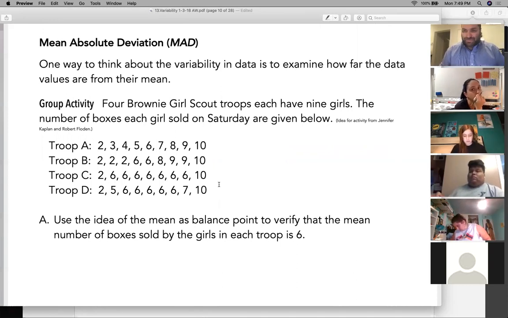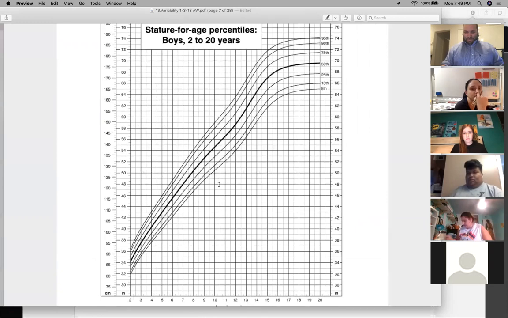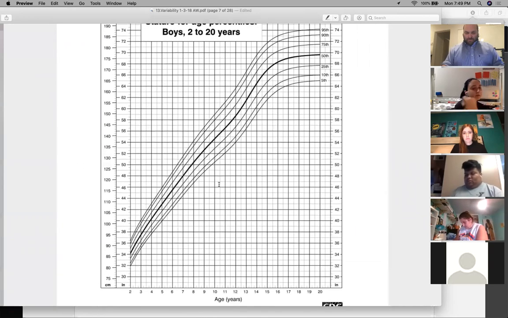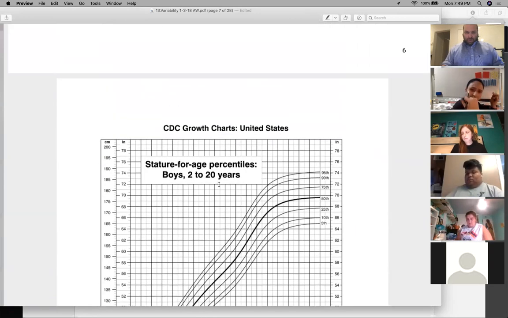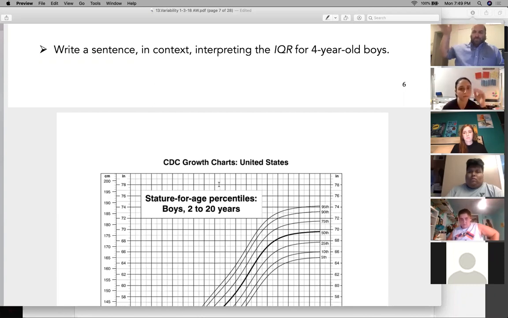Can you please go back to slide 6, because I don't feel like I got a good answer. At the end it says write a sentence in context interpreting the IQR for 4-year-old boys. I would like to hear a sentence that you think is acceptable for that. So here's what I would say. I forgot the numbers, so I'm just going to make up numbers, 38 and 42.